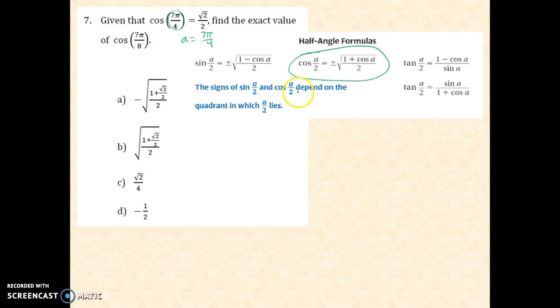And the sign of cosine, well, let's plug in then. What do we get? We're going to get cosine of A over 2. So this right here is A over 2.